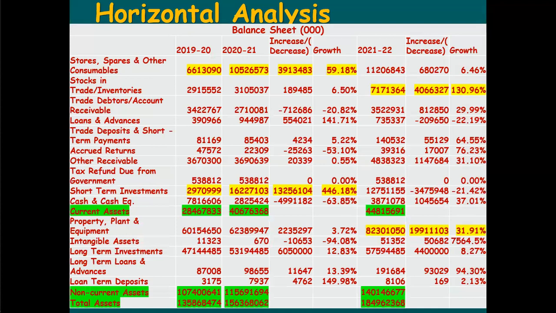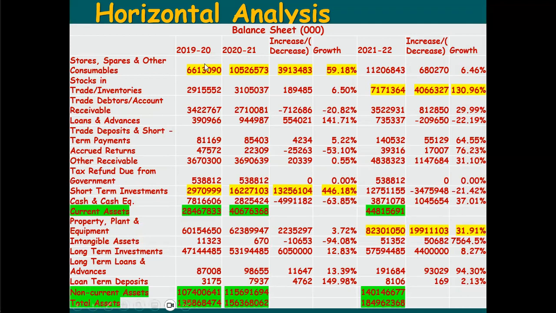First of all, we have the horizontal analysis. It's a 3 years comparative analysis. In the first session, we are going to discuss between 2 years, that is 2019 to 20 and 2020 to 21. Here we can observe a significant change, growth by 59% for stores, spares, and other consumables.